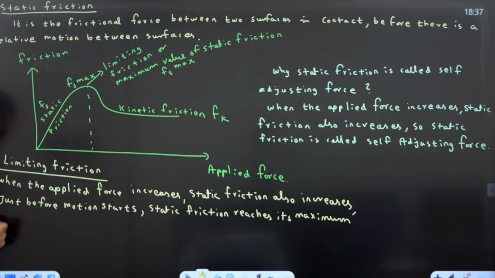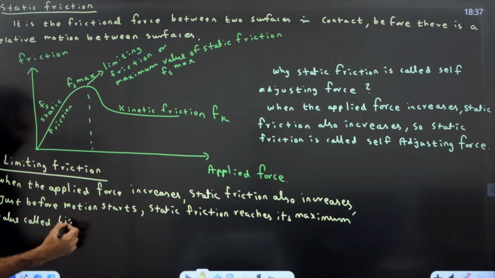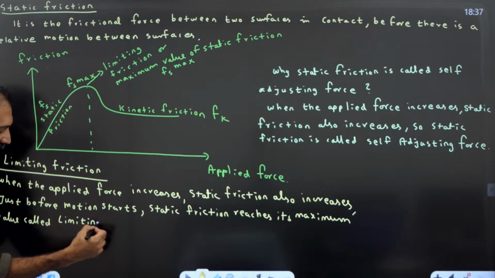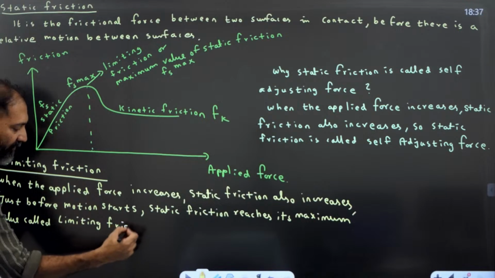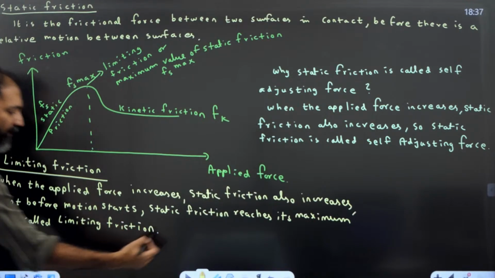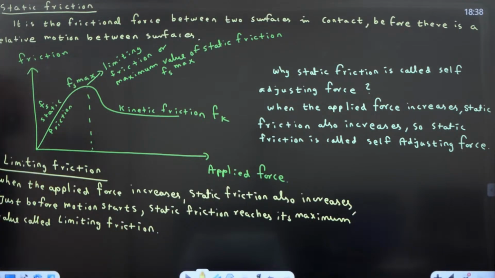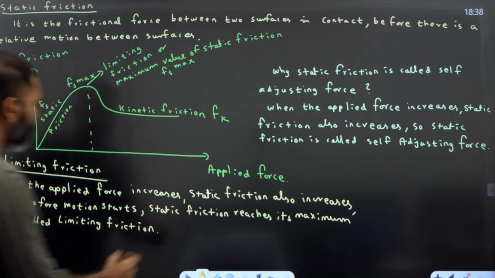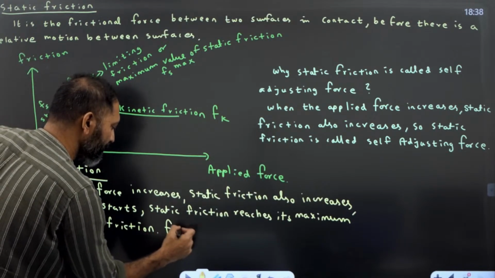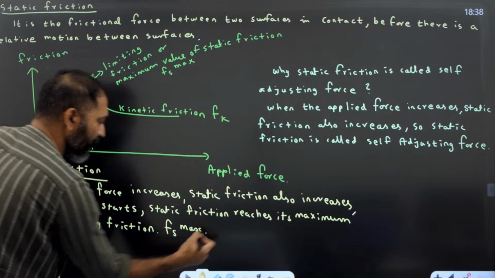Maximum value called what? Called limiting friction. Just before motion starts, static friction reaches its maximum value called limiting friction. Limiting friction is Fs max.